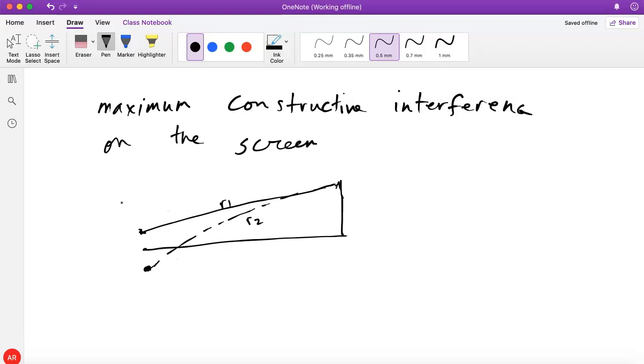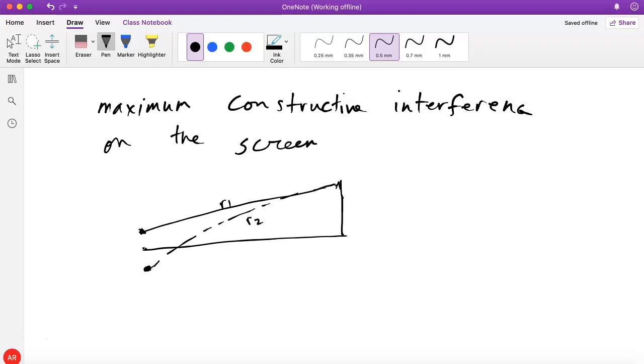We talked about these hyperbolic curves for fixed delta R. We can do the geometry and figure this out exactly. Later we'll focus on the limit of L much larger than D and find simpler expressions. But for now, let's just do everything exactly here.